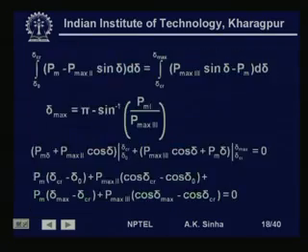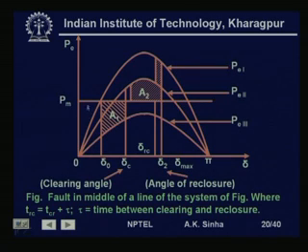So, this situation is shown here. We are initially operating at this point, which is the pre-fault power angle characteristics, with Pm equal to Pe, and the angle is delta 0, because Pm is equal to E' V by (Xd' plus X1 and X2 in parallel) into sin delta 0.